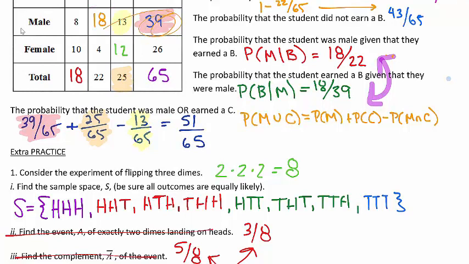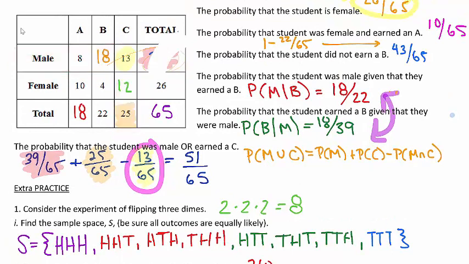If you think about it, we're taking all of these 39 right here, all of the people that earned a C, and then what did we double count? We double counted this 13 right here, so we had to subtract it out. Do you have to do it that way? No. Could you have just said this plus this plus this plus this? Yeah. If you want, you can just add up the pieces.